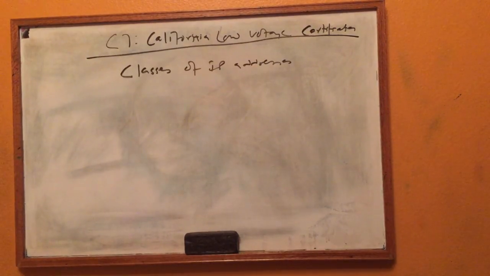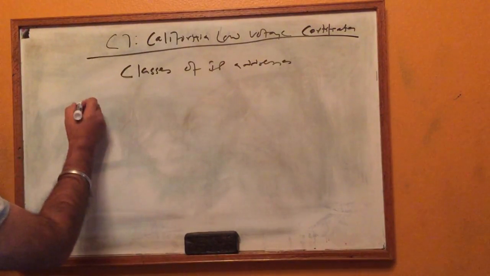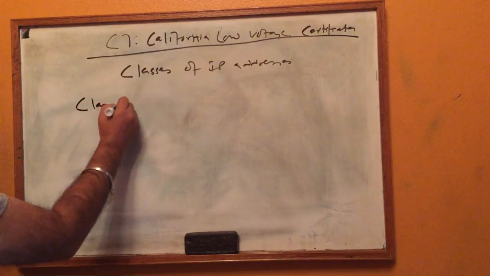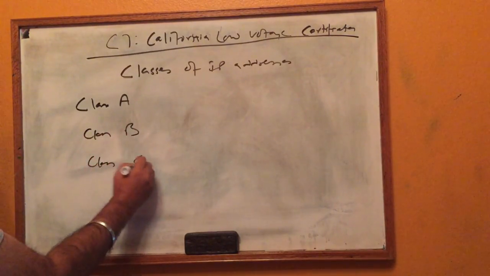Okay guys, so we are going to talk about the classes of IP addresses in this particular shot. There are actually 5 total classes of IP addresses, but for the sake of this video, I don't want to make it overcomplicated. So we will only talk about the major classes, which are class A, B, and C. There are class A addresses, class B addresses, and class C addresses.